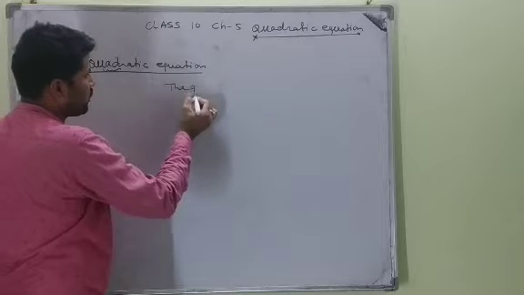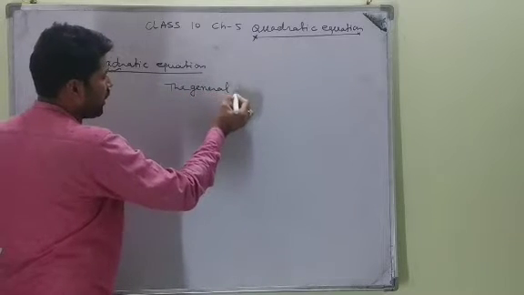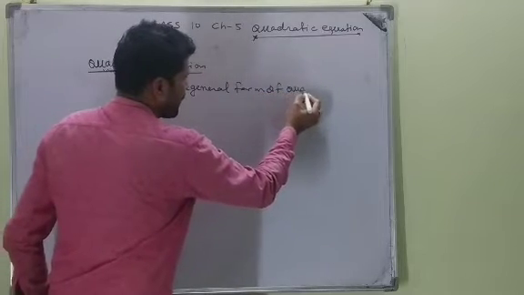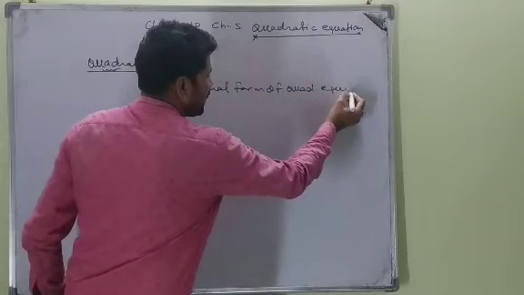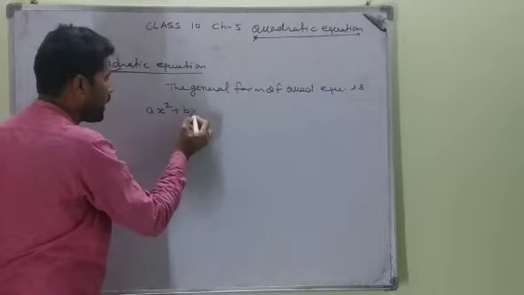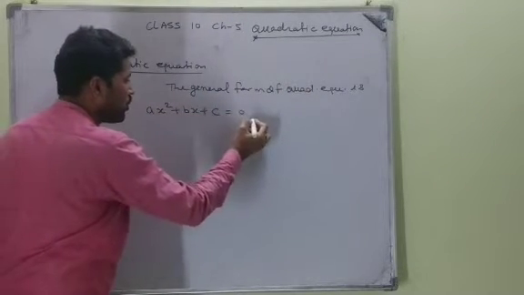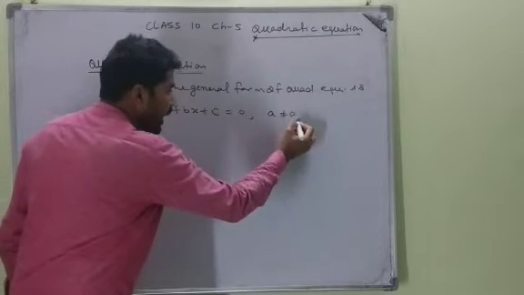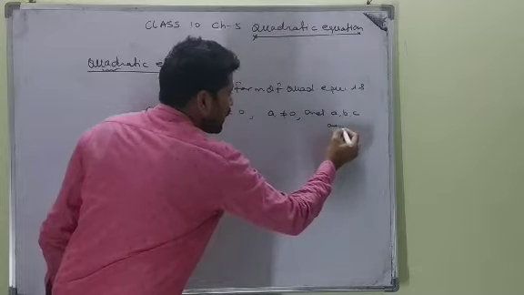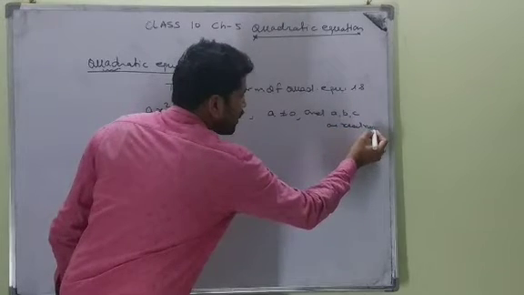The general form of a quadratic equation is ax square plus bx plus c equal to 0, where a cannot be 0 and a, b, c are real numbers.